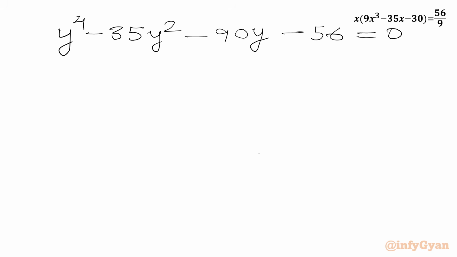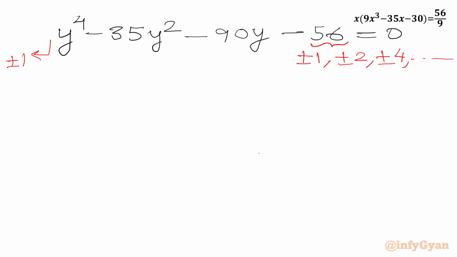Now we have to find all the eligible factors of constant 56. I can write plus minus 1, plus minus 2, plus minus 4, plus minus 7 and so on. Leading coefficient is 1, so we will write only plus minus 1.